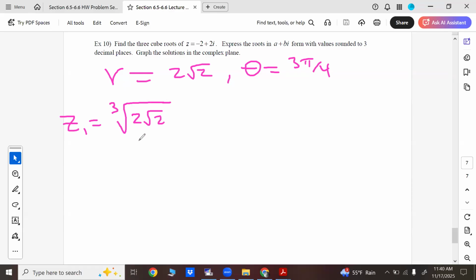Yeah, or you could do this. Do you guys like that a little better? 8 to the 1/6 power. Does that make sense? Yeah, it is 8 to the 1/6 power. It's up to you. I don't care. It's your call.